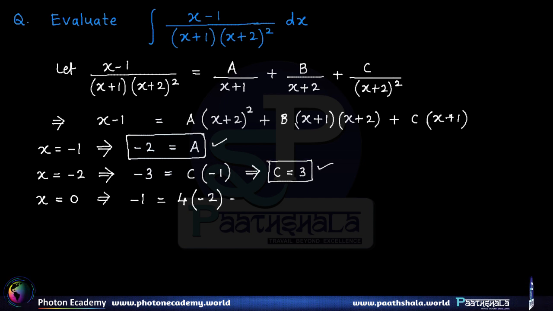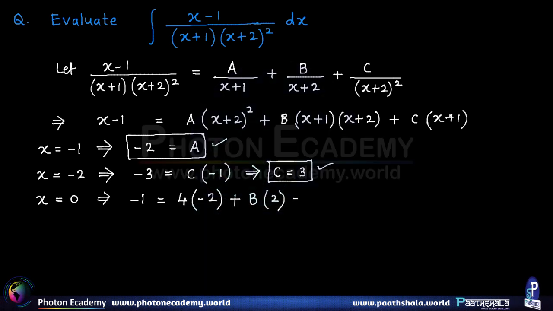Plus we have B into, now 0 plus 1 is 1 and 0 plus 2 is 2, so therefore here we have nothing but 2B, right? And lastly we have C, well C is nothing but 3 and 0 plus 1, that is the last expression, that is nothing but 1.